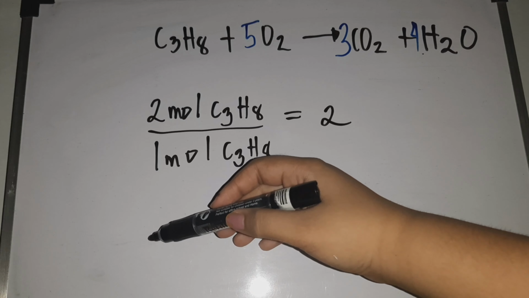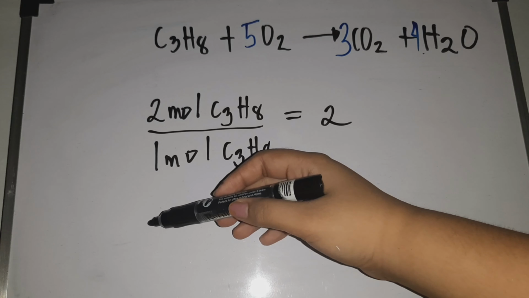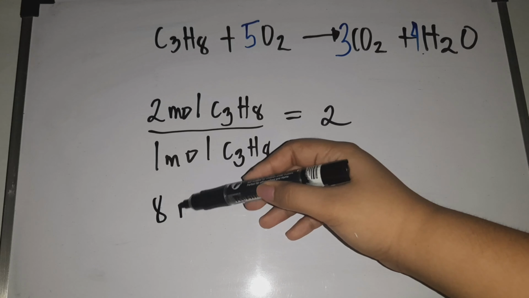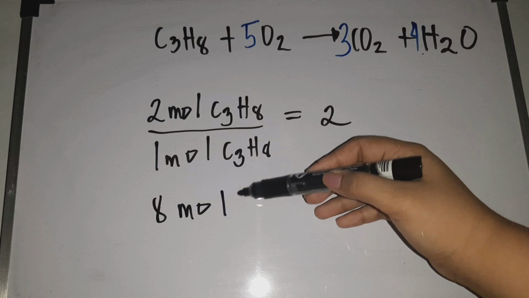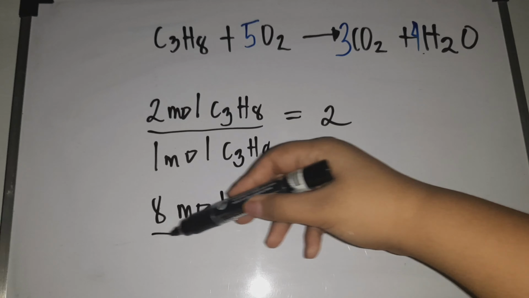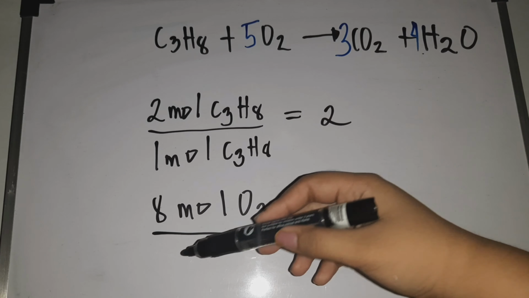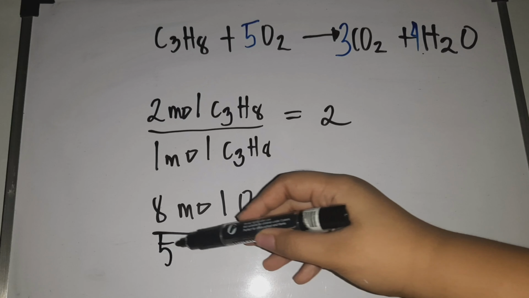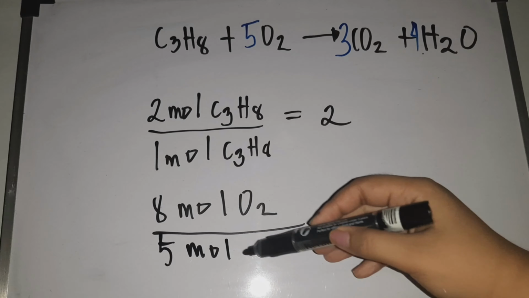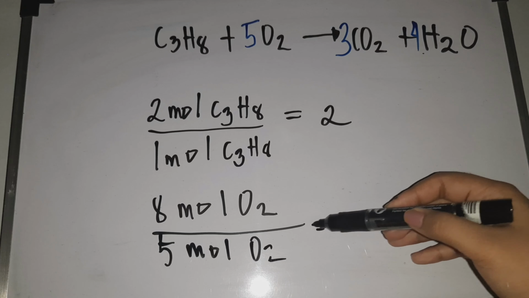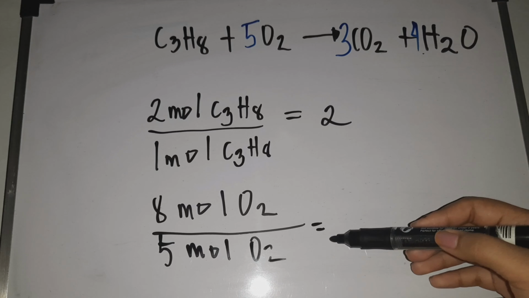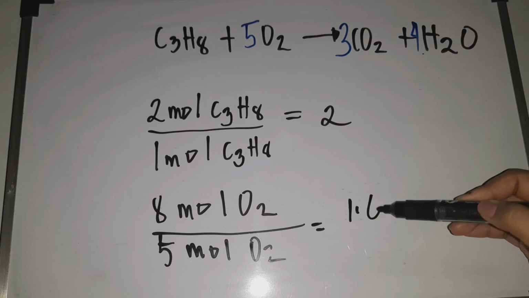Next is the oxygen. Oxygen has 8 mole from the given O2, and in our balanced equation we have 5 mole of O2. 8 divided by 5 is 1.6.